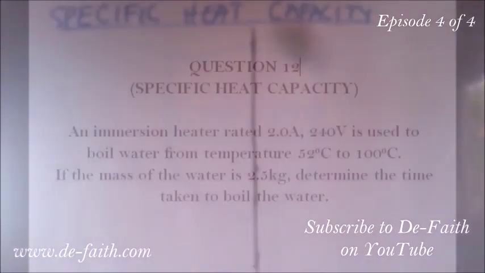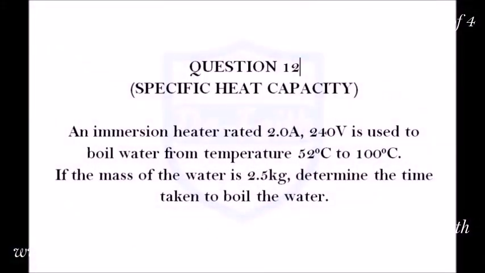In this next question, we're told that an immersion heater rated 2.0 ampere and 240 volts is used to boil water from temperature 52 degrees Celsius to 100 degrees Celsius. If the mass of the water is 2.5 kilogram, determine the time taken to boil the water.